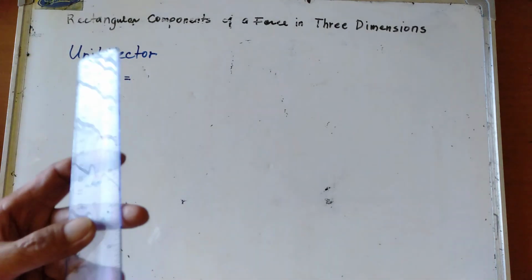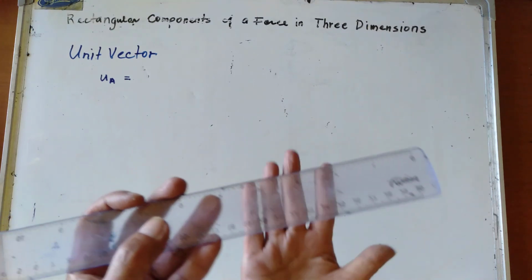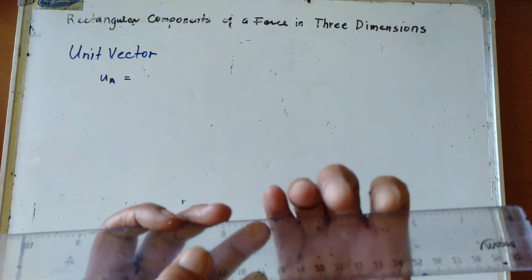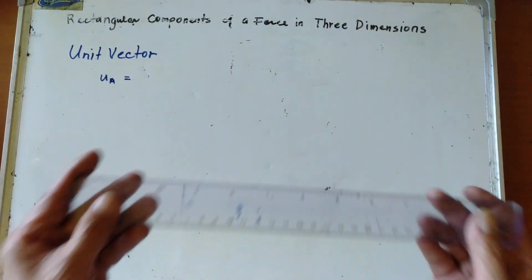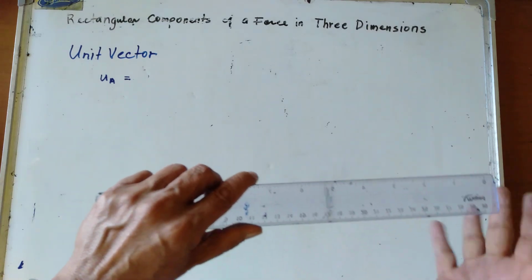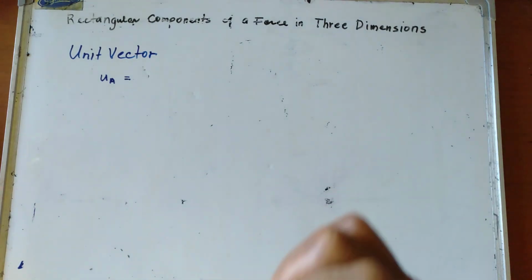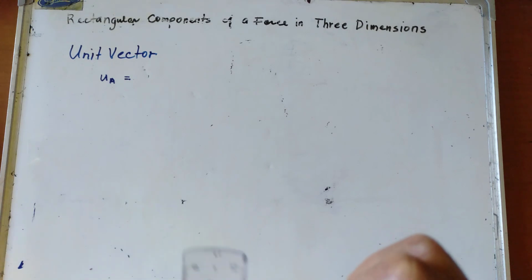So if this is your x-axis and you curl in that manner, then that vector is positive.